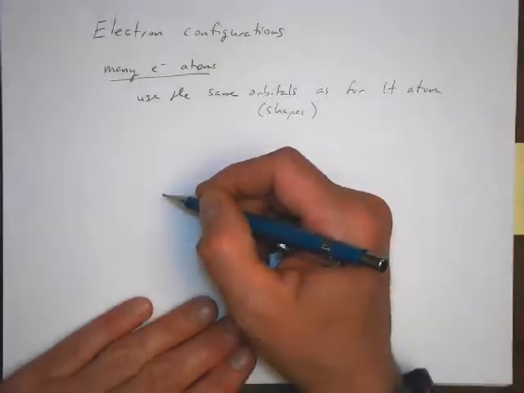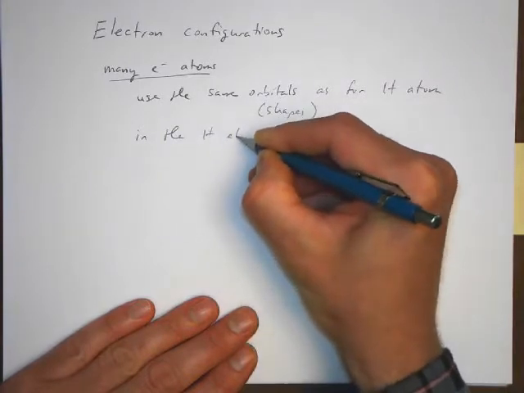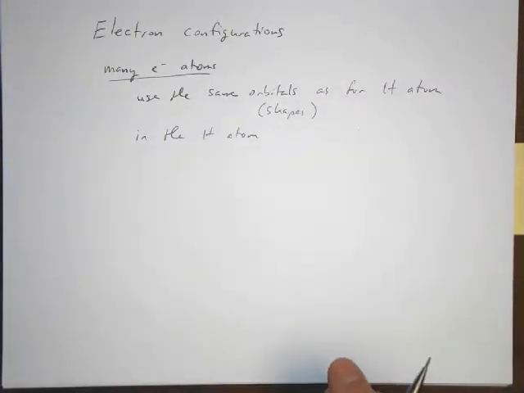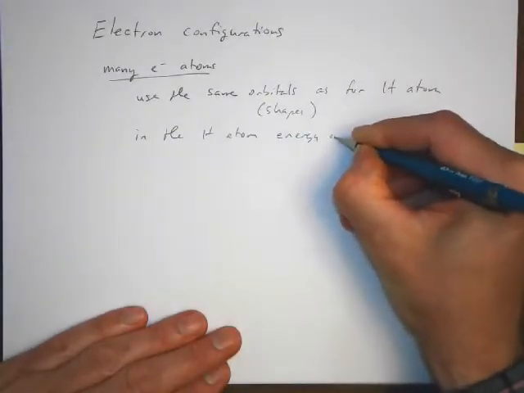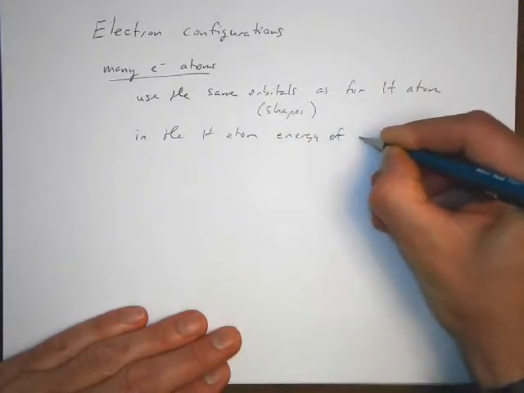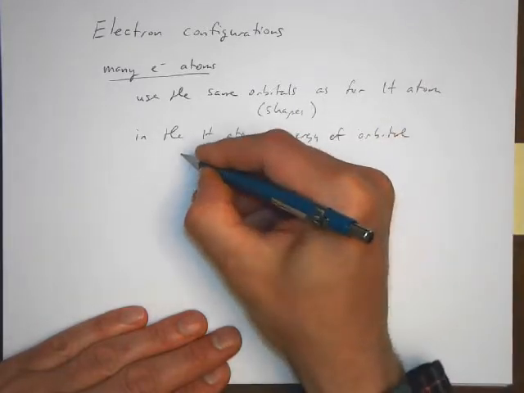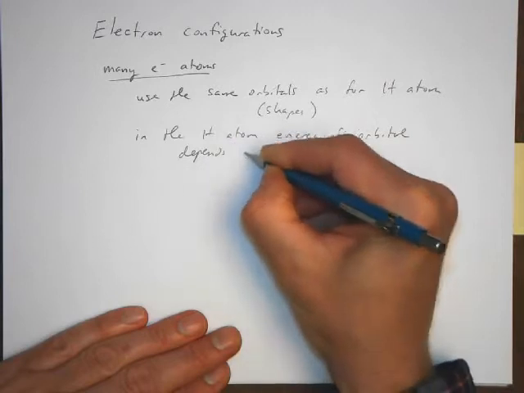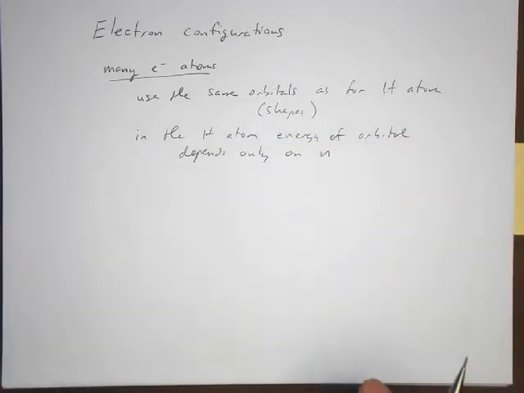So the one thing to remember is that in the hydrogen atom, the energy of the orbital depends only on n, on the principal quantum number.